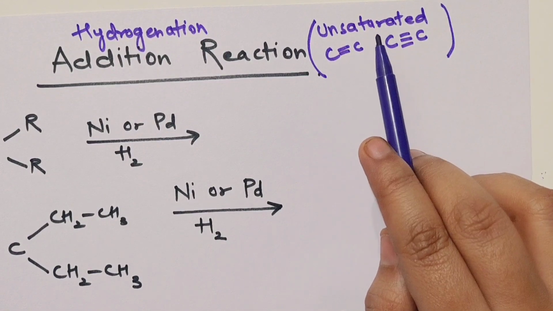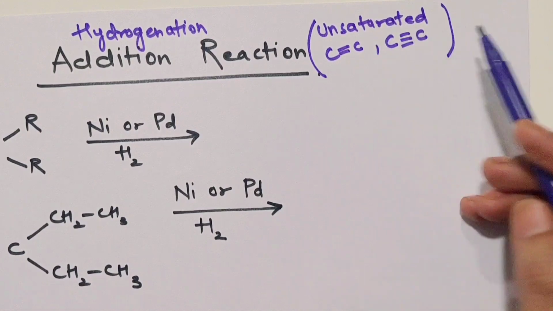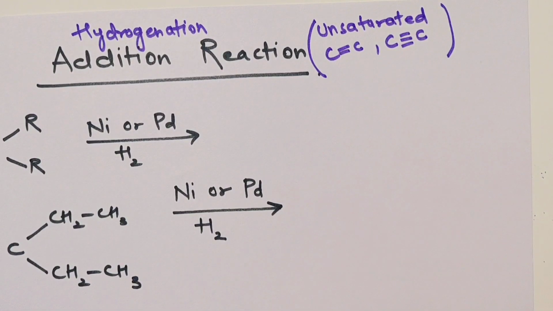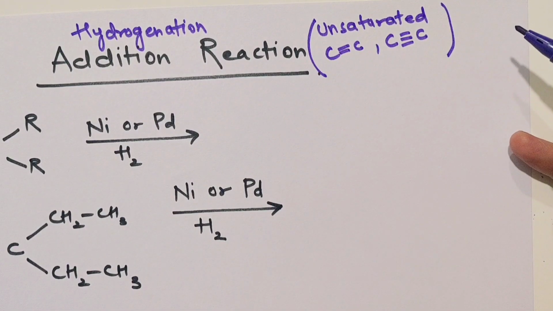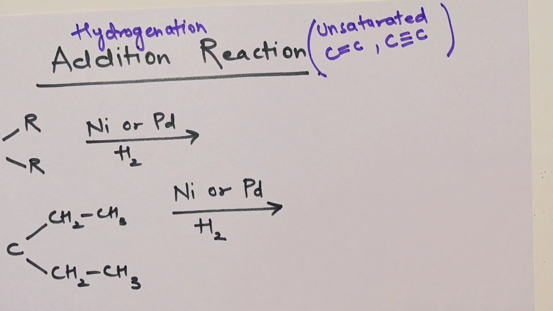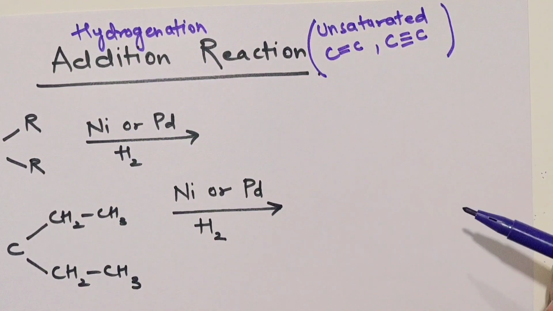Because saturated hydrocarbons, like the name suggests, are already saturated with hydrogens. That means no more hydrogens can be added, right? Unsaturated ones are not saturated with hydrogens. That means there is still some scope to add hydrogens. And that is what happens here.